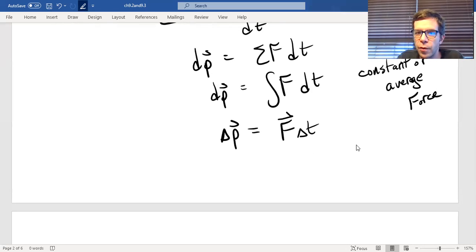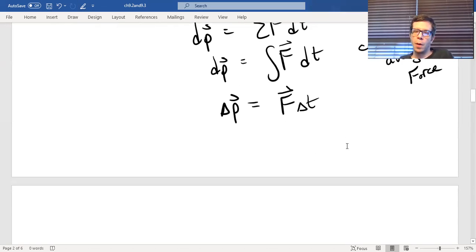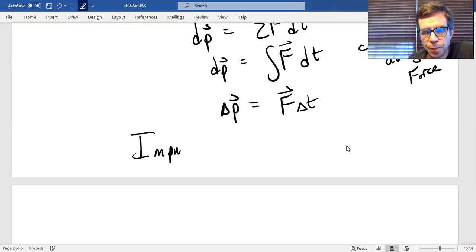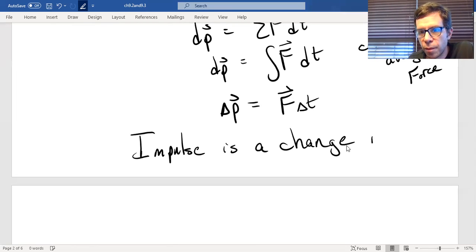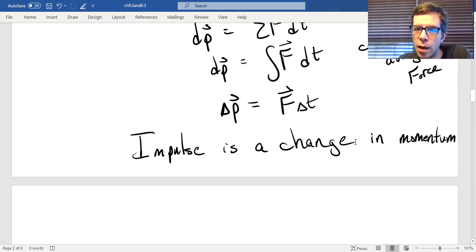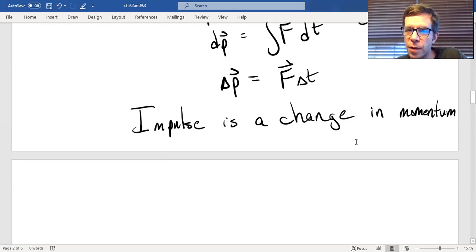Right, and F's our vector there, right? All right, and this is what we define to be an impulse. It's a change in momentum. So here we have this external force F acting on our system, and that changes the total momentum of the system, and the amount it changes by we call an impulse. And for a constant force, that's F delta t.